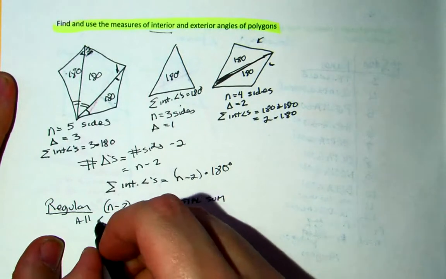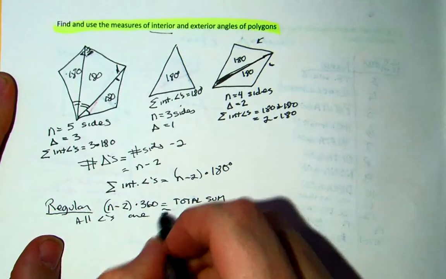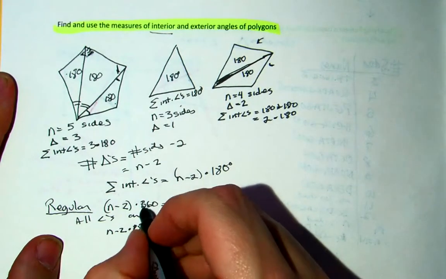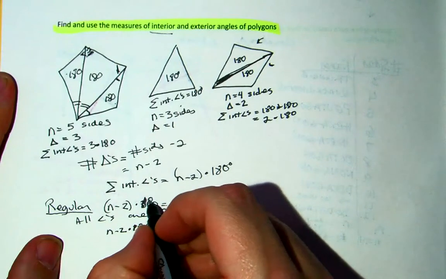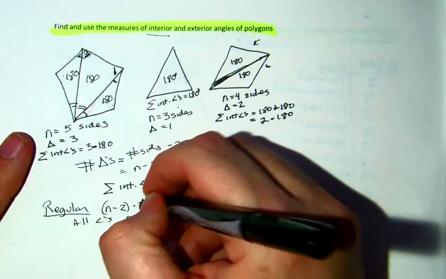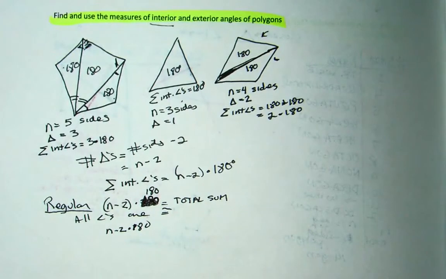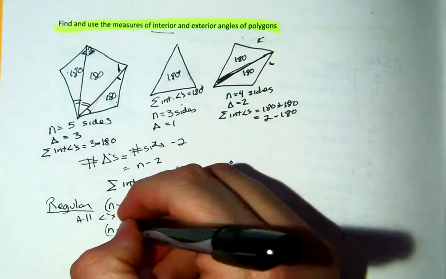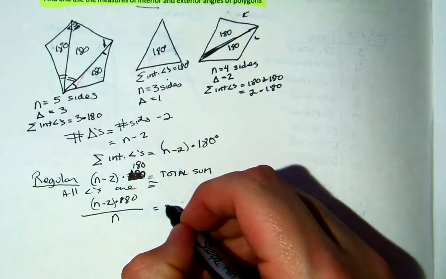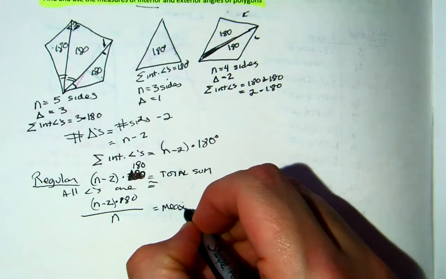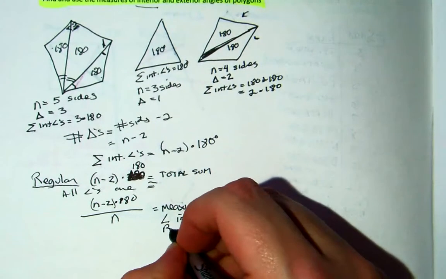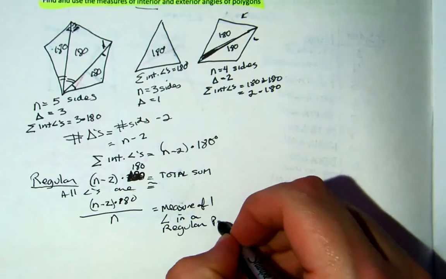But all angles are congruent, so if it's n minus 2 times 180 divided by n, the number of angles that you have there, this is the measure of one angle in a regular polygon.